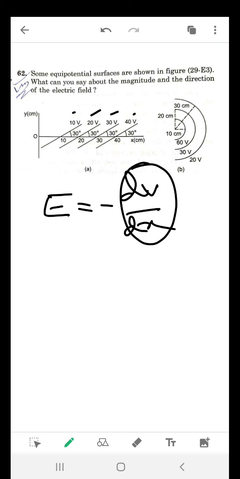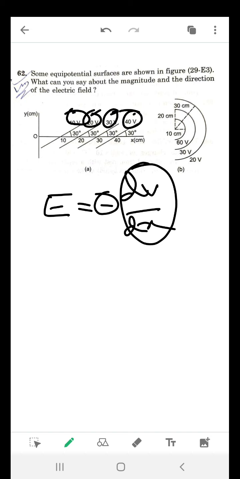The negative sign indicates that if the potential is increasing with distance, suppose here 10 volt, 20 volt, 30 volt, 40 volt, that means potential is increasing in this direction, then we can conclude the negative sign implies the direction in which the potential is increasing is opposite to the direction of the electric field.